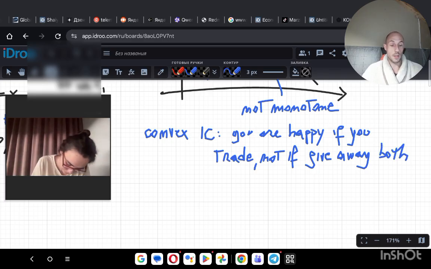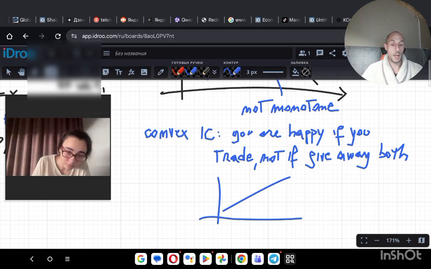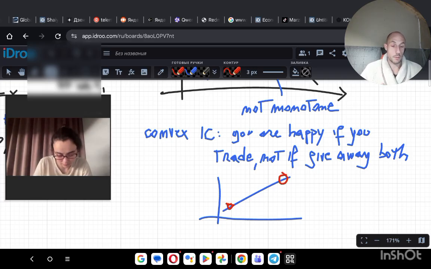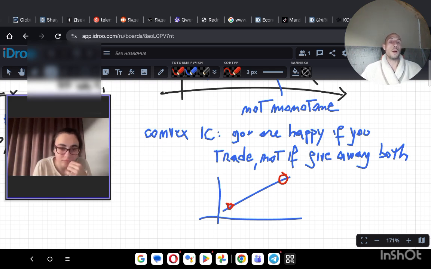Because look, if the indifference curve was like this, you would be happy having 3 apples, 3 golden rings, as well as 8 apples, 8 golden rings, which of course doesn't work. Okay, good.